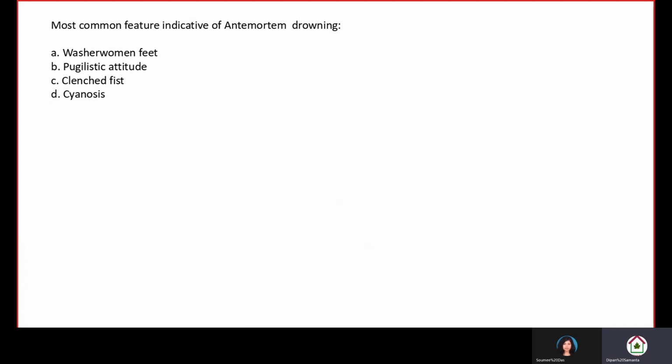Most common feature indicative of antemortem drowning: washerwoman feet, pugilistic attitude, clenched fist, cyanosis. Antemortem drowning means the person drowned first, and then died.